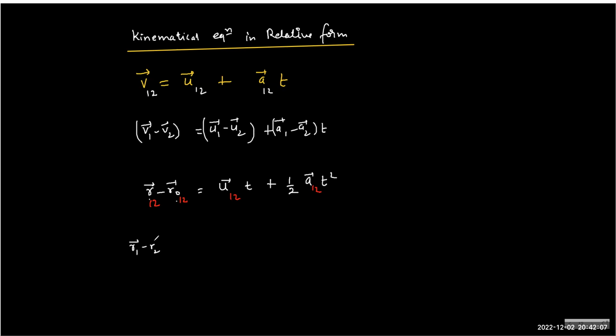So write the difference of final position, the difference of initial position, the difference of initial velocity, the difference of acceleration. And you can clearly see that the moment you make the acceleration similar for both, let's say the two particles have similar acceleration, what will happen?